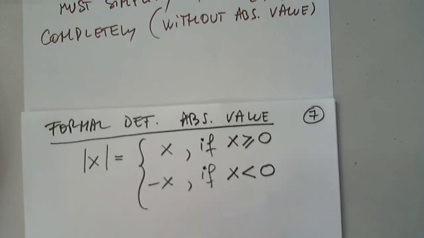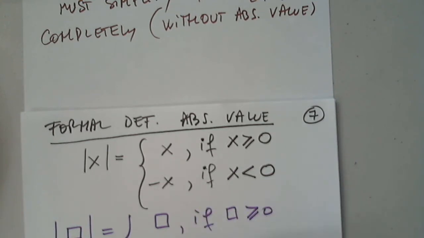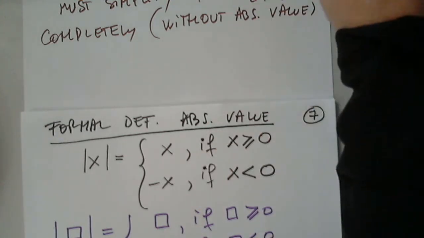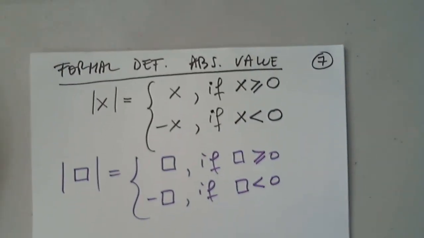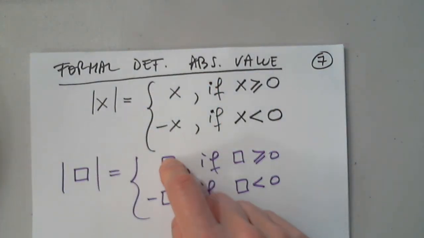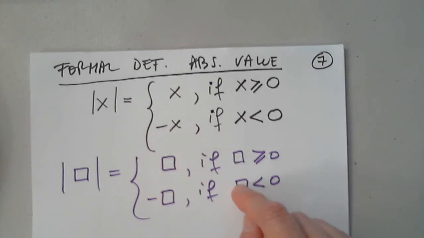So now, what you need to remember is not this. You need to remember this. And you can say, okay, what are you telling us here? This means the following. If I have here any expression, if I have here x minus 1, for example, then I have x minus 1 in every place.